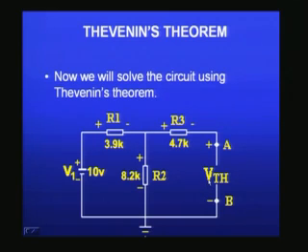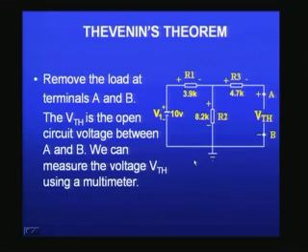Therefore, you know what we have to do. We have to just bring a voltmeter and connect between A and B and measure if you have got a voltmeter. Otherwise, we can also do by actually calculating the V Thevenin by the method that we already mentioned to you.